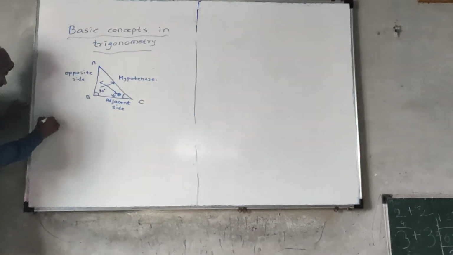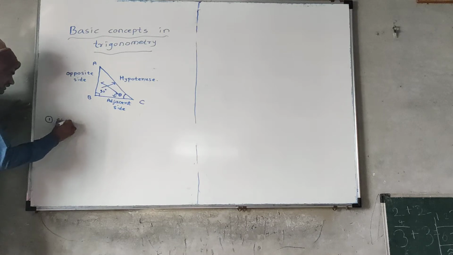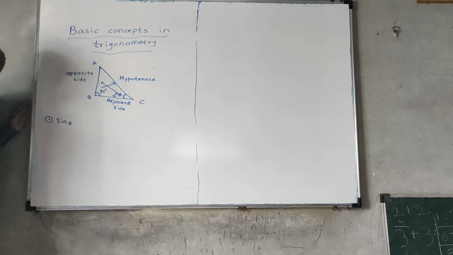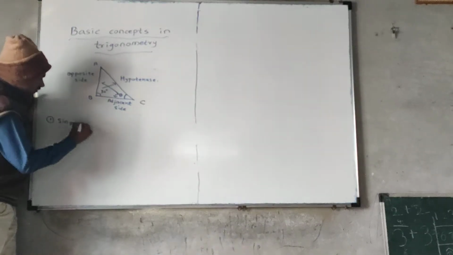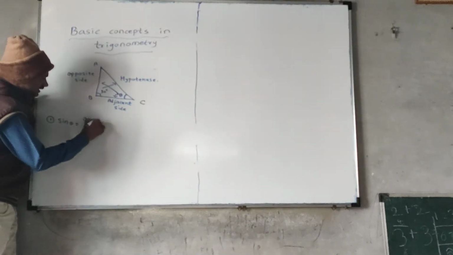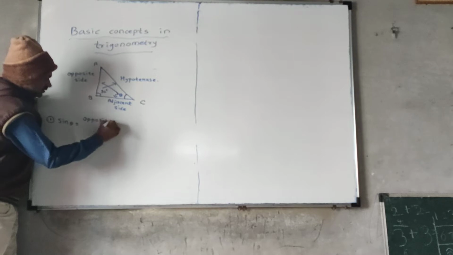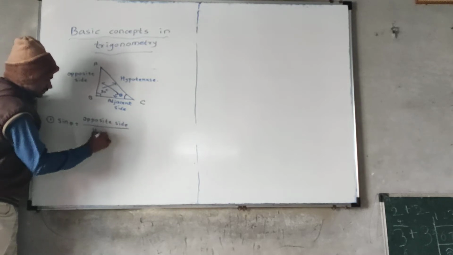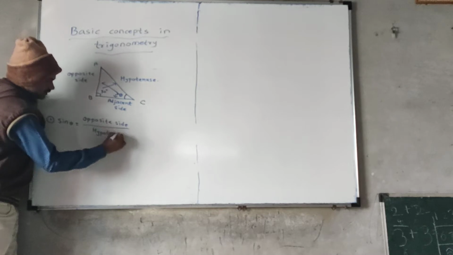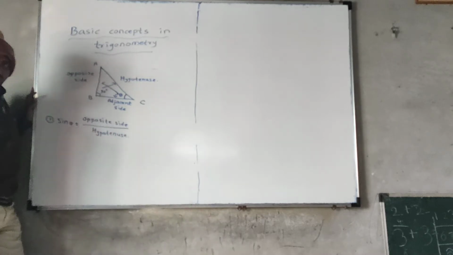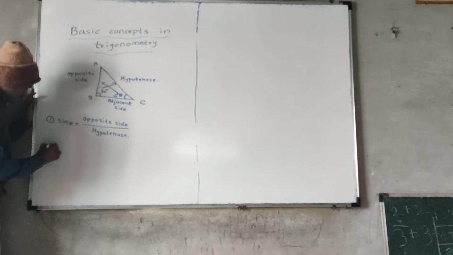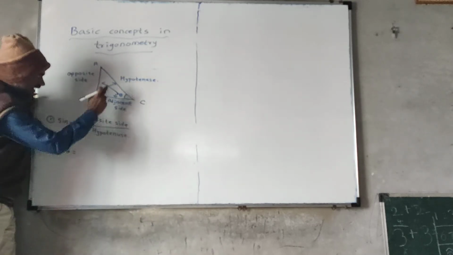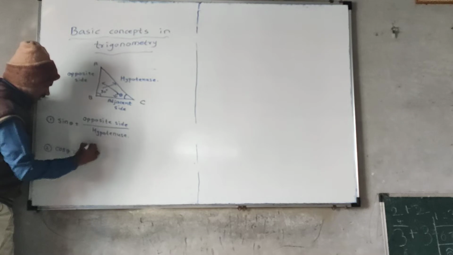First, sin theta. The sin trigonometric ratio for this angle theta is equal to opposite side upon hypotenuse. Second, cos theta is equal to adjacent side upon hypotenuse.